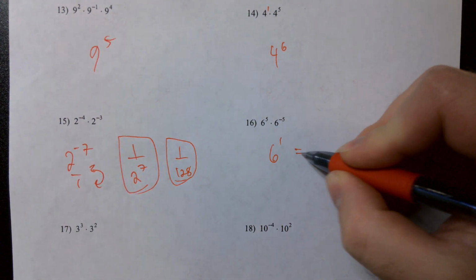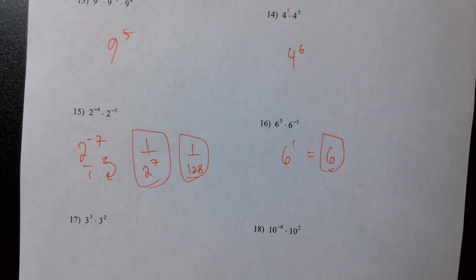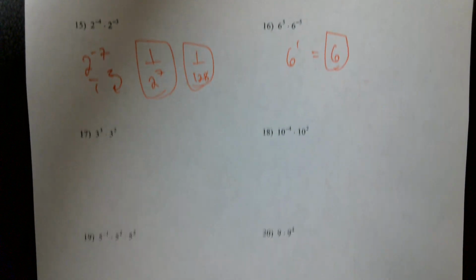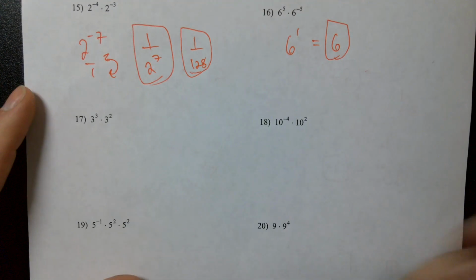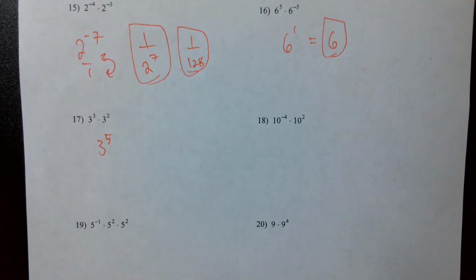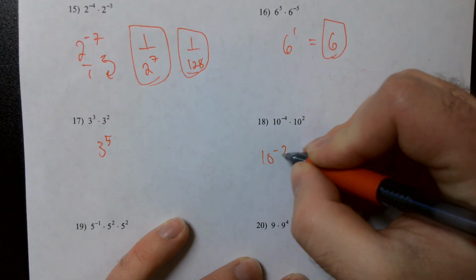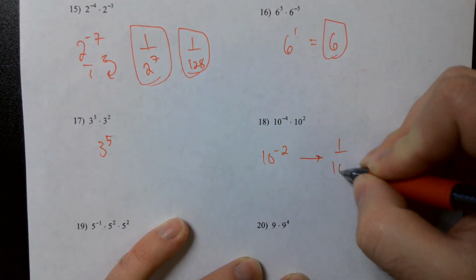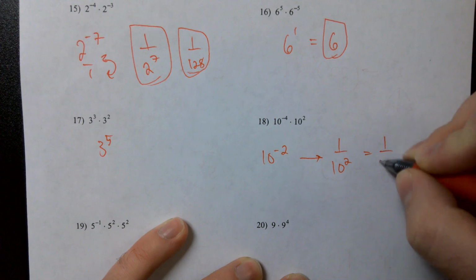For number 16, we get 6 to the 1, which is just 6. Number 17, we get 3 to the 3 to the 5th power. Too big, I'm not going to worry about that. Number 18, we get 10 to the negative 2, which turns into 1 over 10 squared, or 1 over 100.